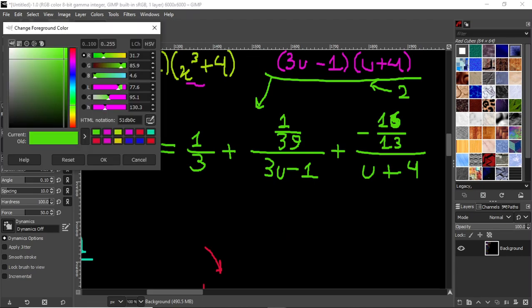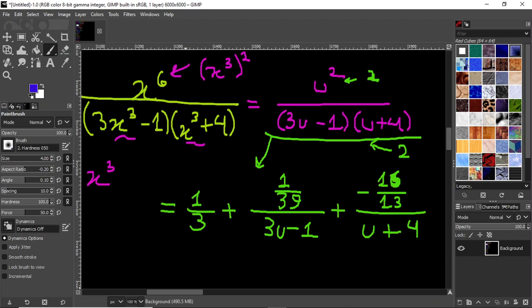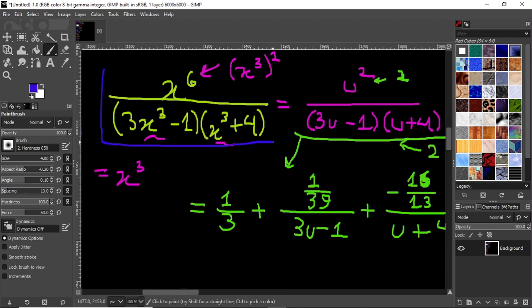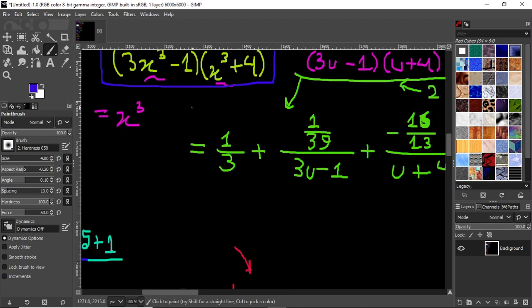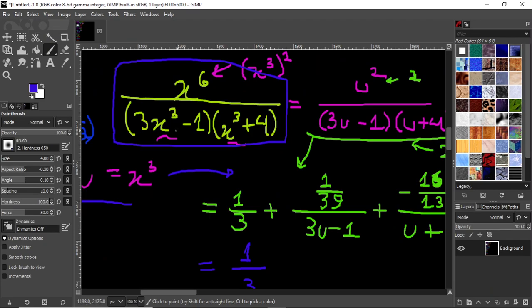And finally, this was our goal, right? This was our original fraction. This was in terms of x, not u. So we need to back substitute. So what we get is 1 over 3, 1 over 3. This is seemingly a very complicated partial fraction.